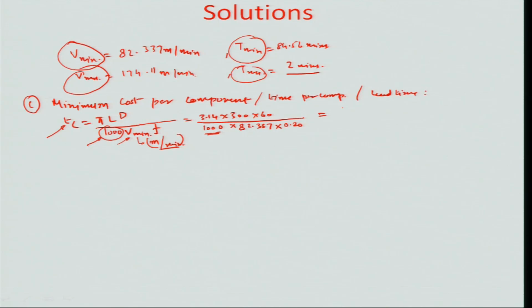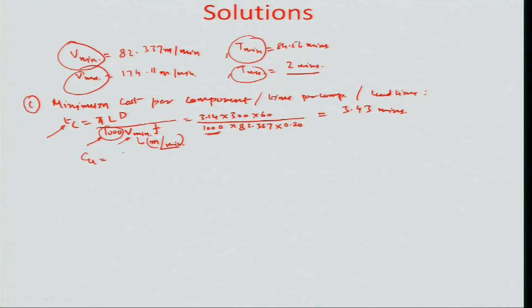So this comes out to be roughly about 3.43 minutes, okay, if you are considering the minimum cost per component model, and from this you can have an estimate of what would be the cost per component which will come out in this particular case, or what would be the time per component which will come out, or as a matter of fact what will be the lead time.